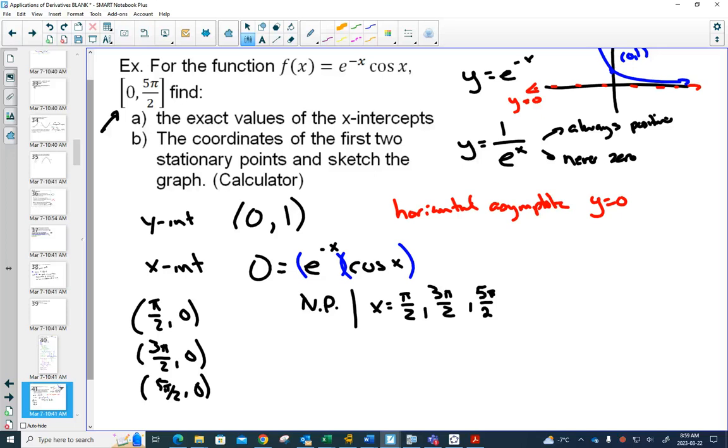Because cos of x goes between 1 and negative 1 over and over again, but that 1 over e to the x will eventually become really, really close to 0. You will find your cos graph then starts to really get closer and closer to 0.